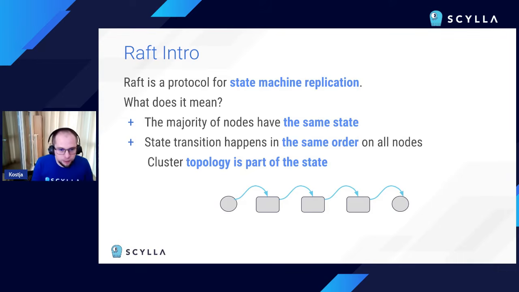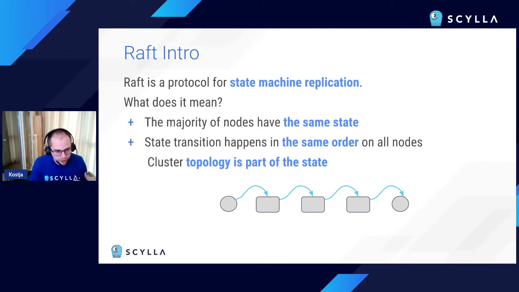The idea that Raft exploits is that if you have a persistent log for all of the changes that every server performs, and you append entries to that log in the same order on every server, that can guarantee the transitions between the states will also be done in the same order.